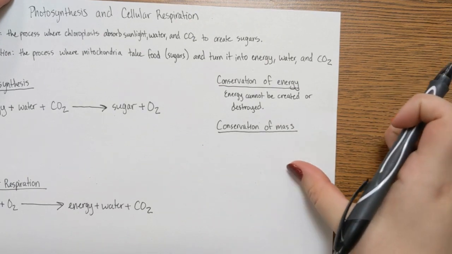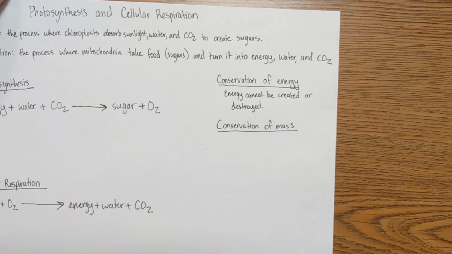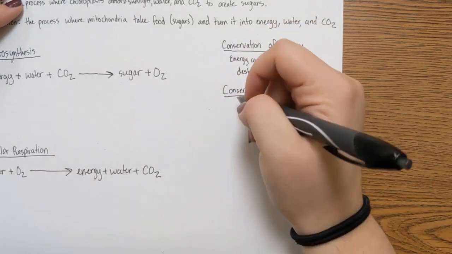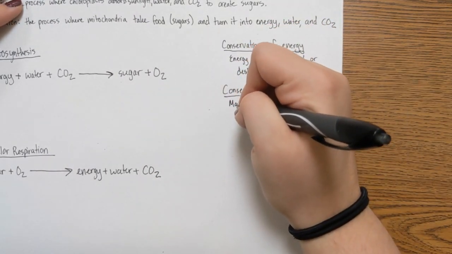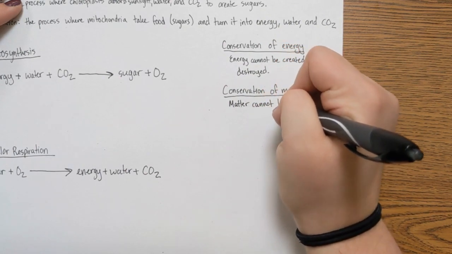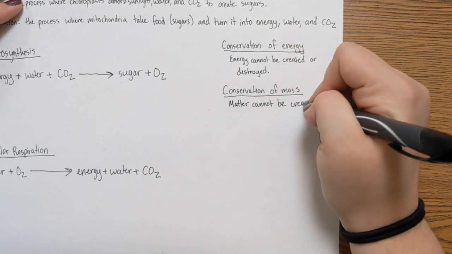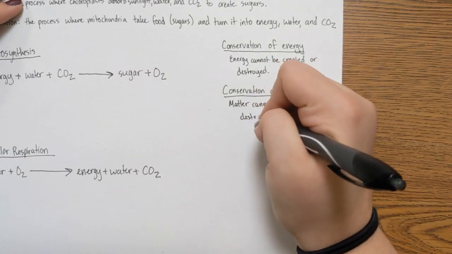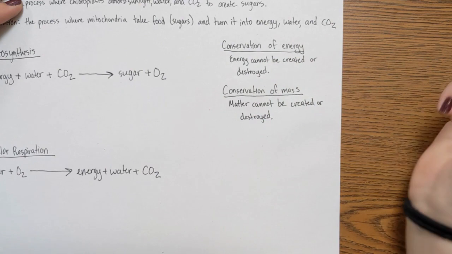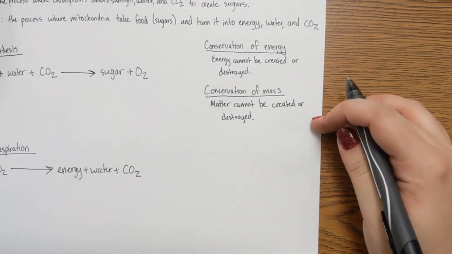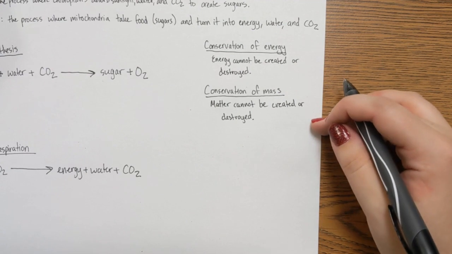So then let's talk about conservation of mass really quickly. And it's a very similar idea. So conservation of energy, energy cannot be created or destroyed. It is the same thing with matter. So matter also cannot be created or destroyed. Now, this one probably is a little easier to visualize. So, for instance, we'll go back to our cake baking analogy.